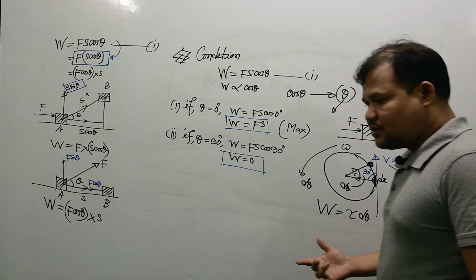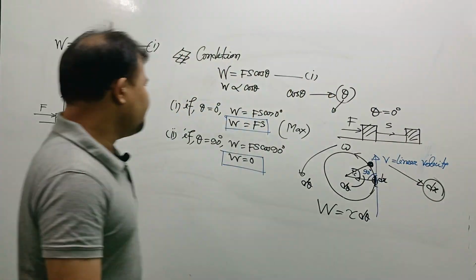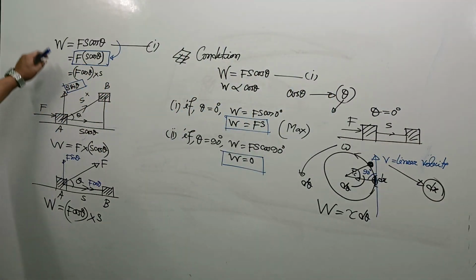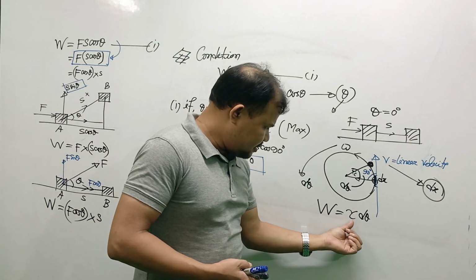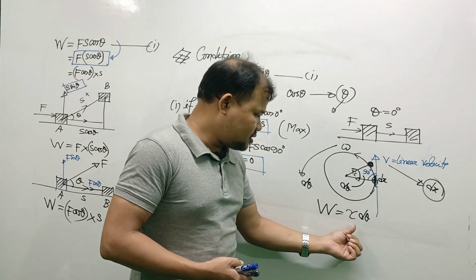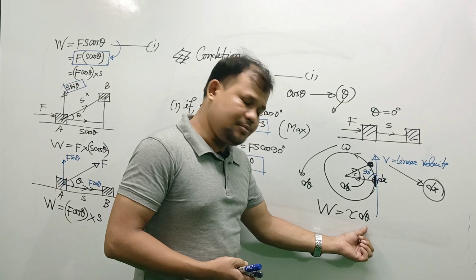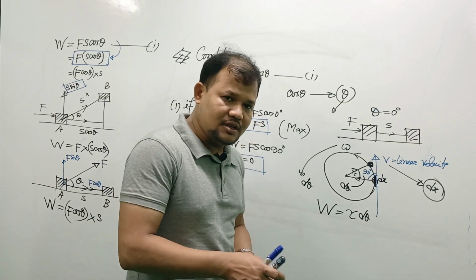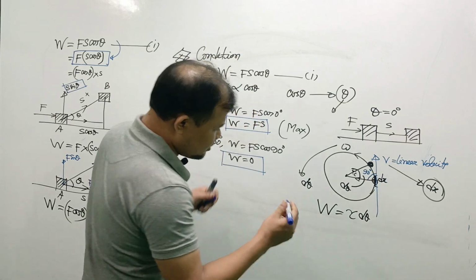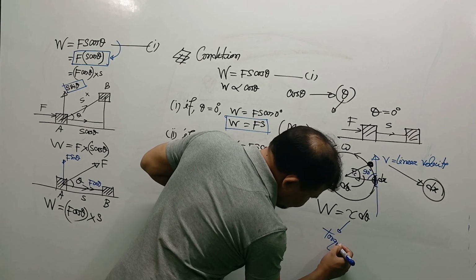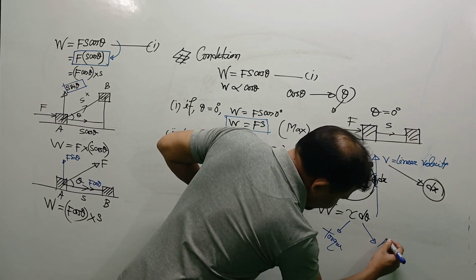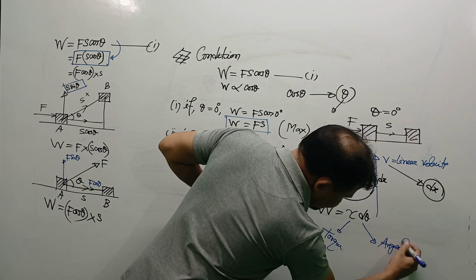What message does this give you? Here we can see there is a force. The name of this force is torque, and here there is a displacement. The name of this displacement is angular displacement. Torque is one kind of force, and this is an angular displacement.